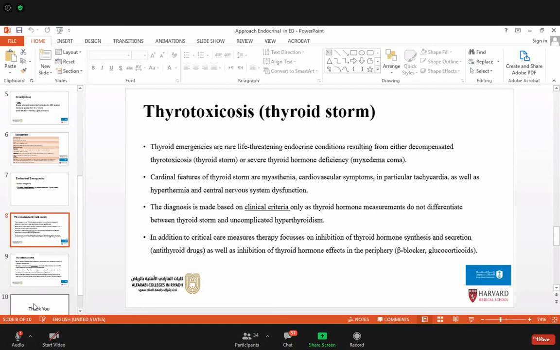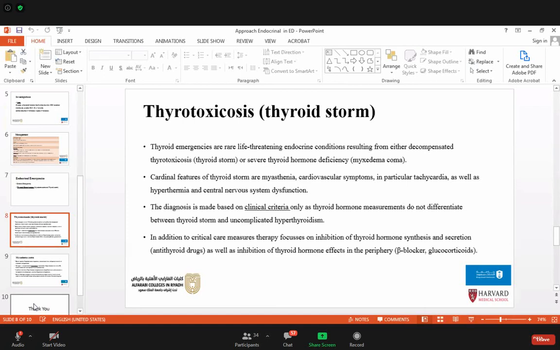And the treatment: just think about how I should block this storm. So I need first to control the symptoms if it's affecting the heart. Usually these patients come with atrial fibrillation or arrhythmia related to this increase in the thyroid hormone. So I need to give a beta blocker to control the symptoms. Did you guys notice that we always try to protect the heart first, then we start managing?